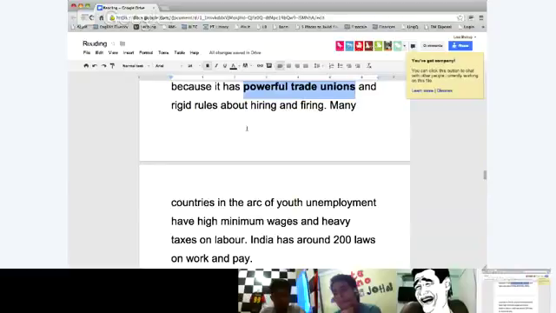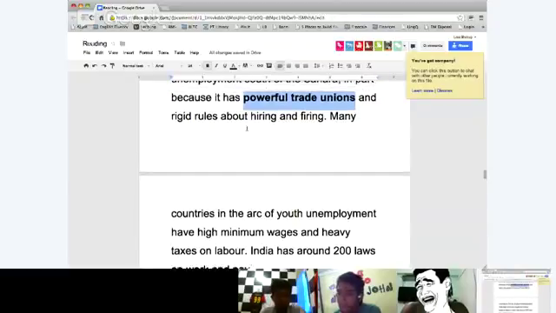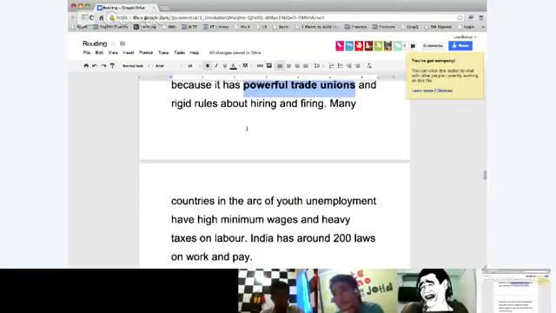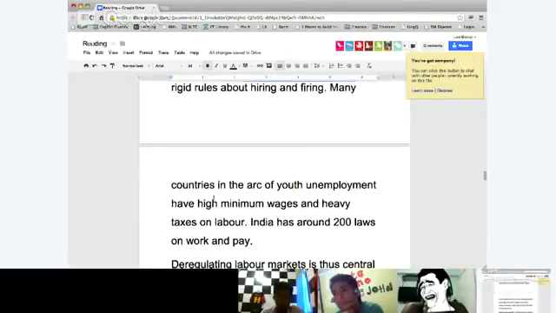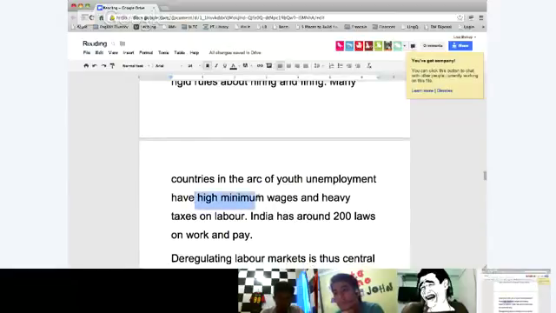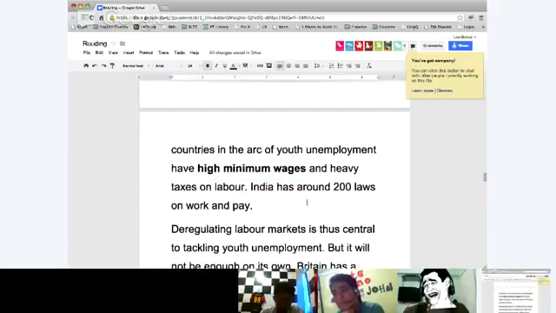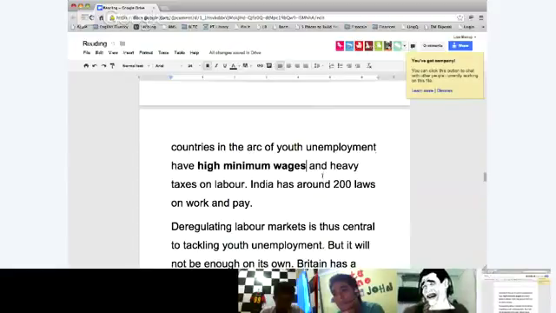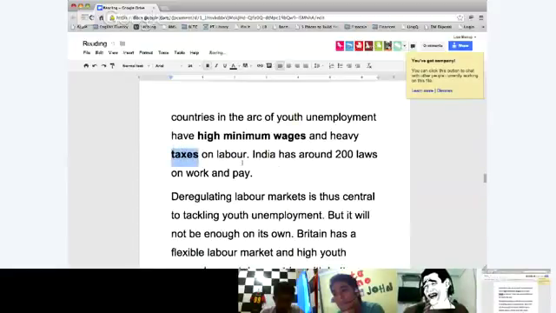But on the other hand, if it stops business people from hiring you because they're going to have to pay you too much money, then you're going to be unemployed. So high minimum wages make it difficult for more people to have jobs, even though the people who do have the jobs are making more money. And also, there are always taxes that business people have to consider.